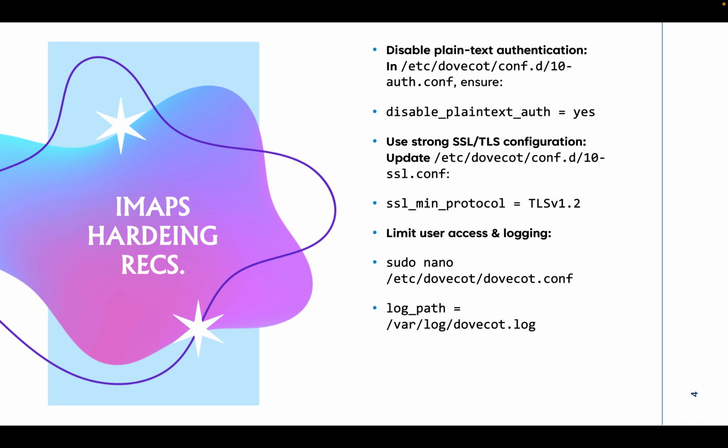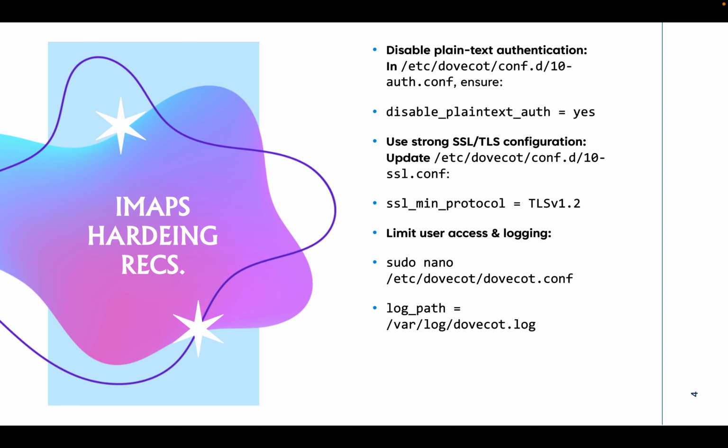So for some hardening recommendations, for one, you want to disable plain text authentication. You do that in the etc folder again, and set yes for disable plain text authentication. Second, you want to use strong SSL/TLS configuration.